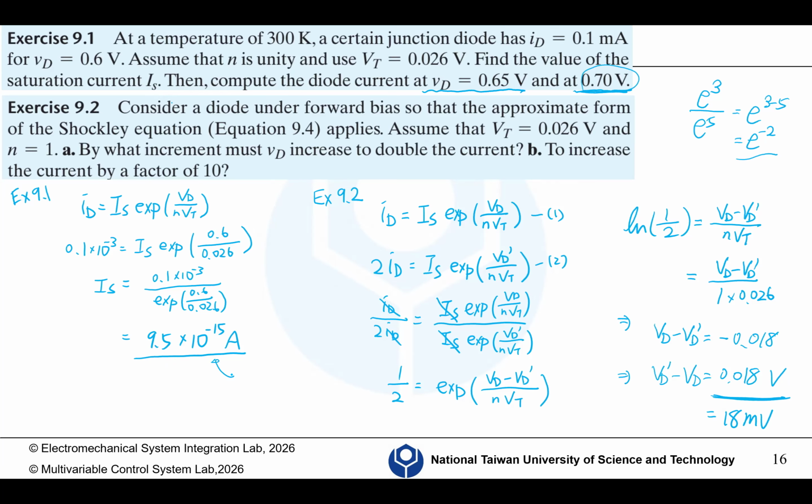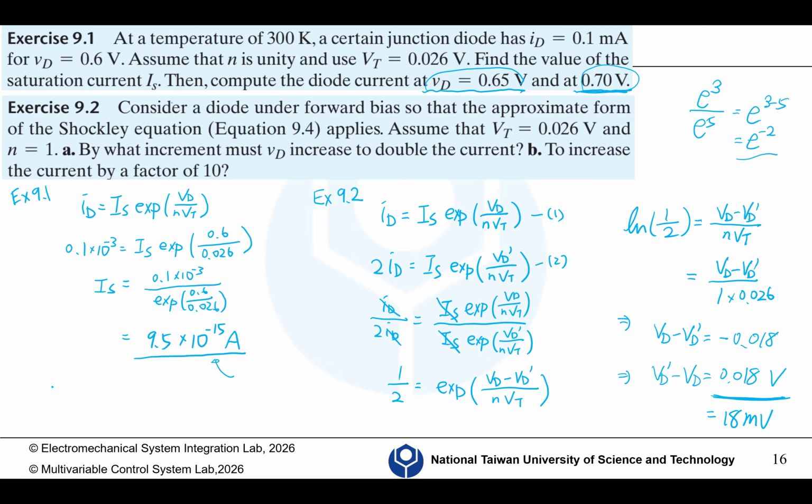So if you look at VD here, find the value of saturation current, compute the diode current. Oh, I didn't finish exercise 9.1. So yeah, we haven't finished it because we only have the saturation current.